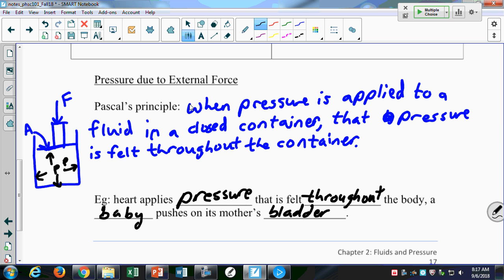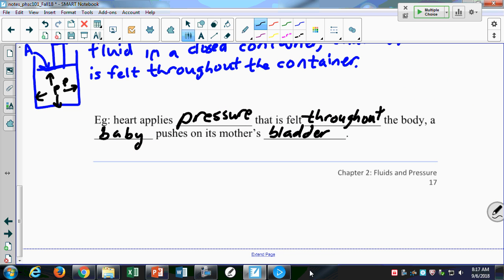All the time. Right, so it also comes up in hydraulic lifts. In a hydraulic lift, it works like this.